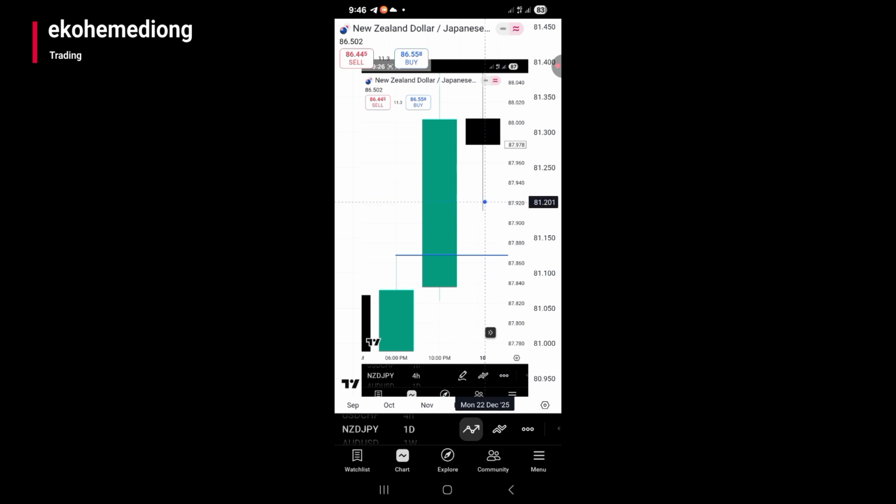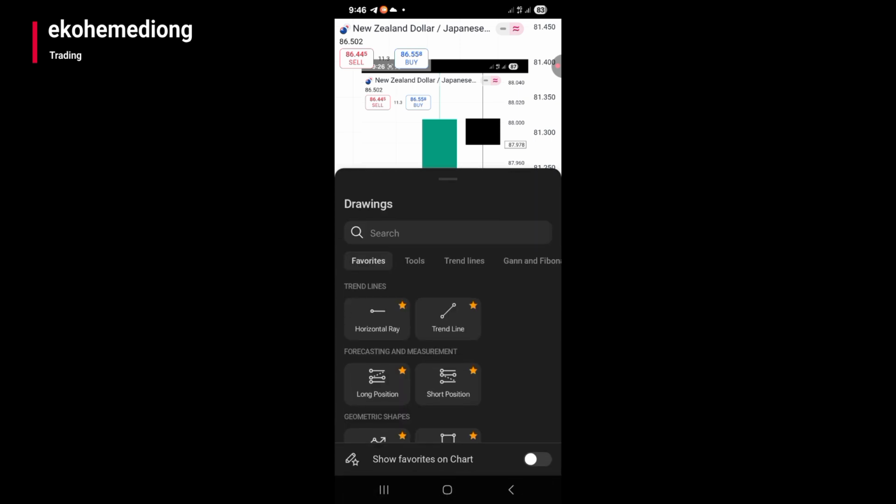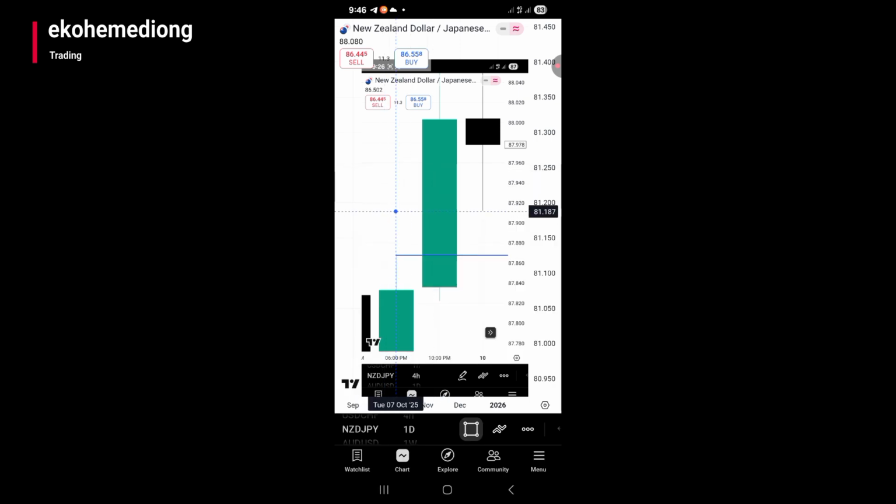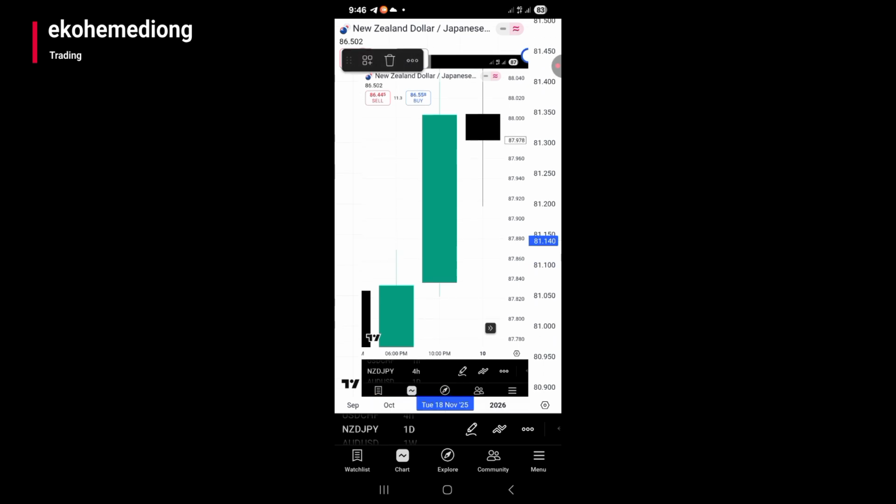It must not wick to here like this and cover it. There must be a gap, that's why it's a fair value gap. There must be a gap like you are seeing here. So now you can go to your chart and spot all the fair value gaps that you have seen, for clarity purposes.